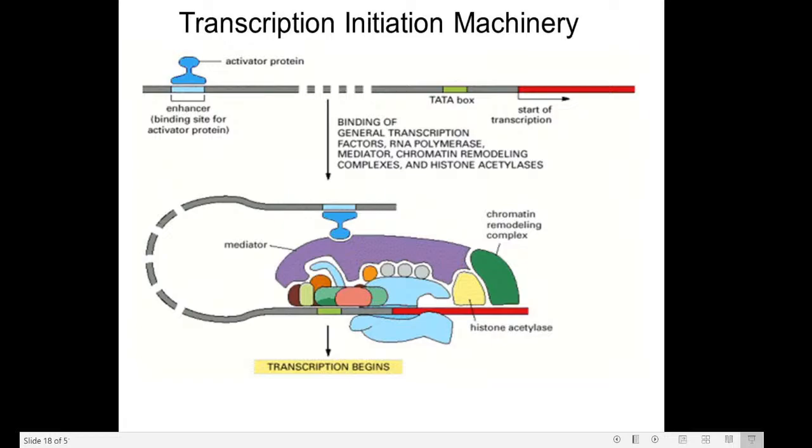The next important step is binding of general transcription factors, that is RNA polymerase, mediator, chromatin remodeling complex and histone acetylase. Histone acetylase is a very important concept in mRNA synthesis. That is the transcription initiation machinery.